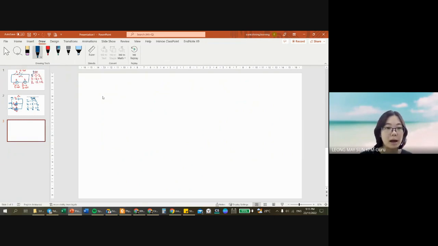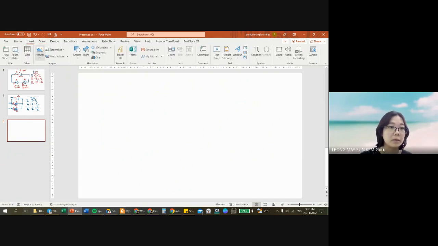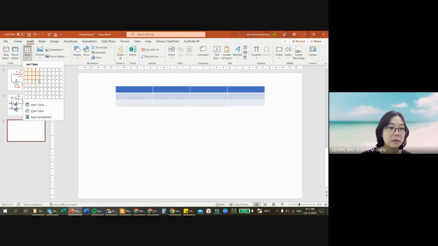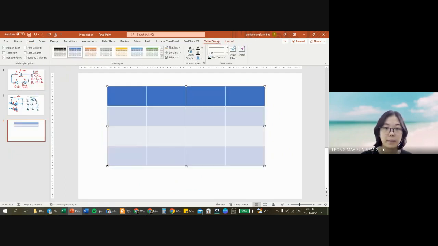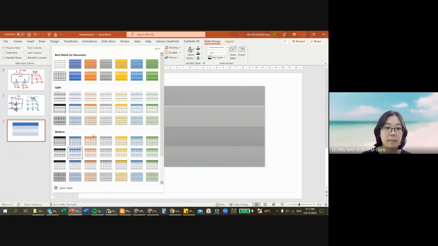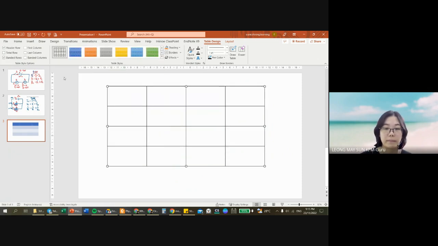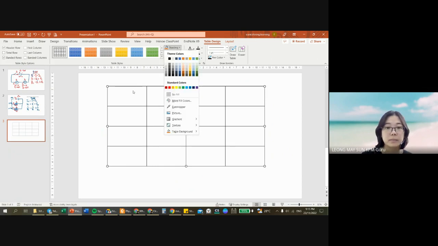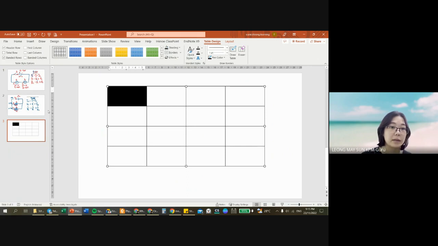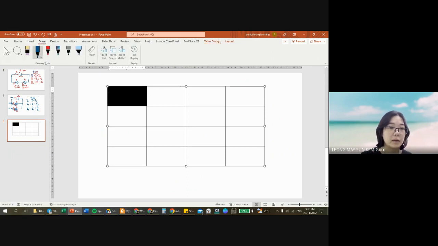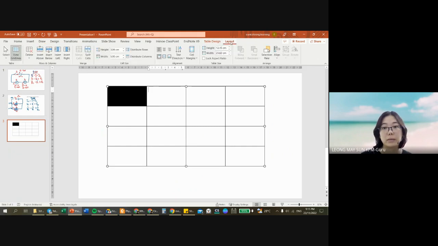So how do I do this? I'm going to use a table. At this part, I'm just going to let it be blank, nothing over there.